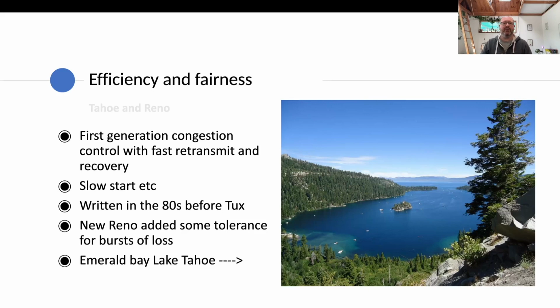So if we go to the first couple of generations of TCP congestion control algorithms, we started off with fast retransmit and fast recovery, and then we had slow start introduced, and then we had tolerance for loss and bursts of loss.